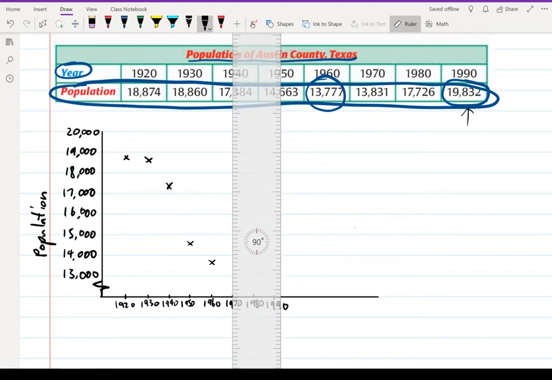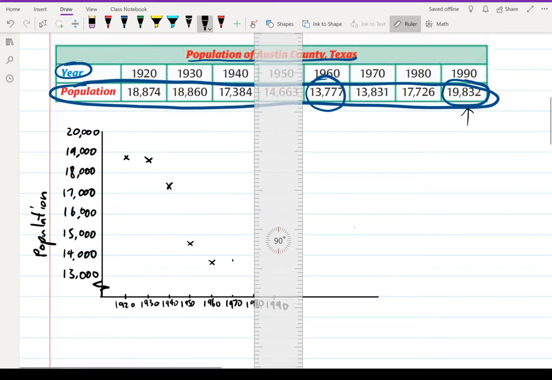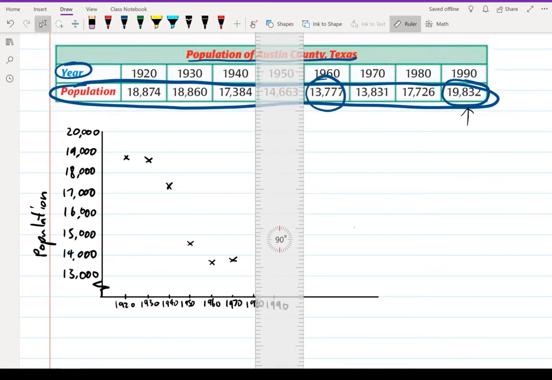And then 1970 is 13,831, so slightly more than before, but very similar. So that's only slightly more. And then for 1980, it rises all the way back up to 17,700.